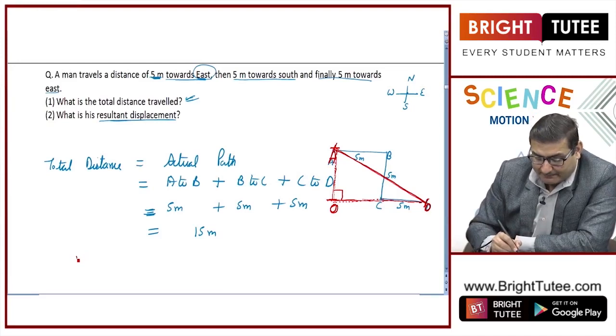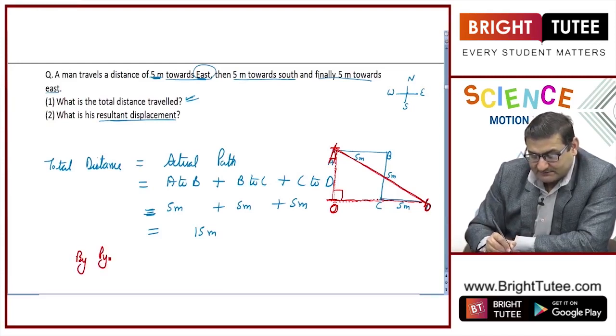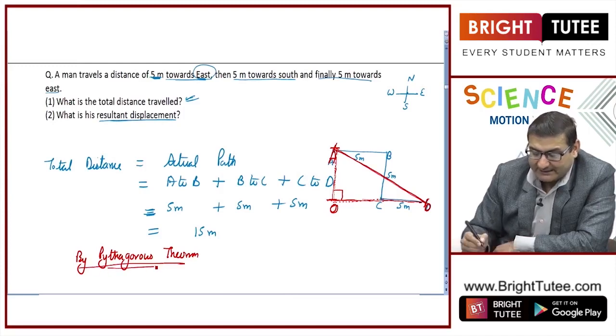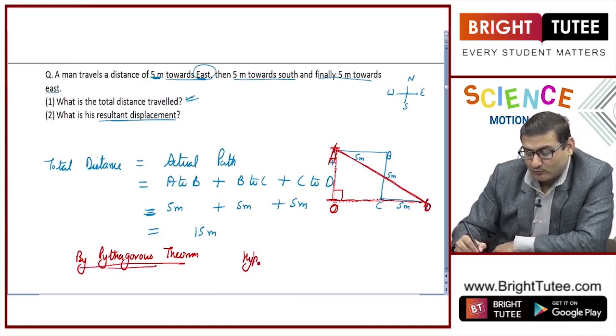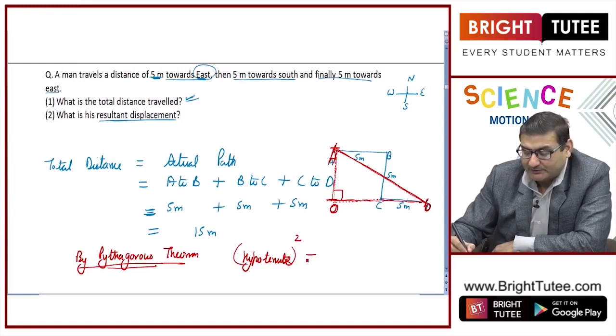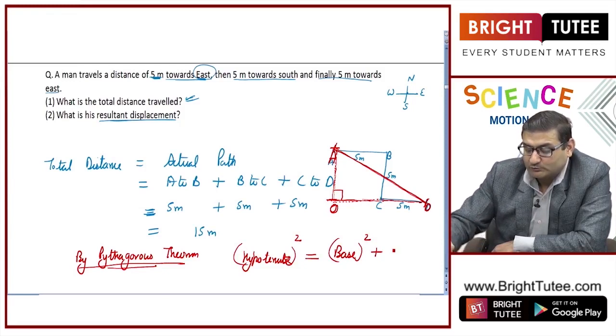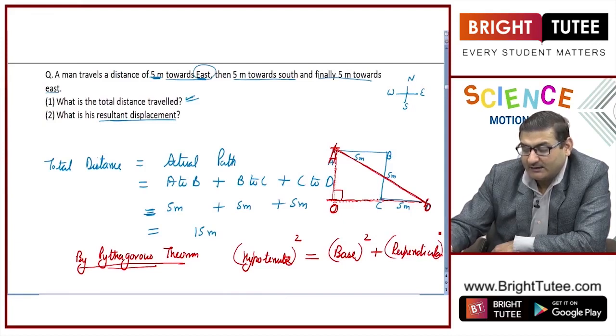So by Pythagoras theorem, you must have studied Pythagoras theorem in your maths, and if you haven't, you will. This Pythagoras theorem relates that the square of hypotenuse is equal to the sum of the square of the base and the perpendicular in a right angled triangle.